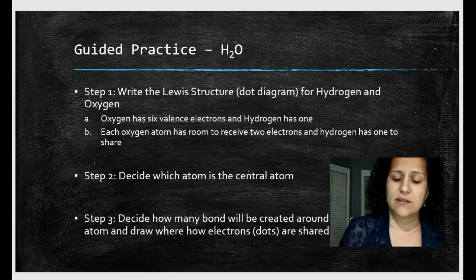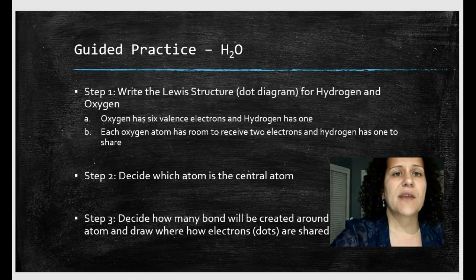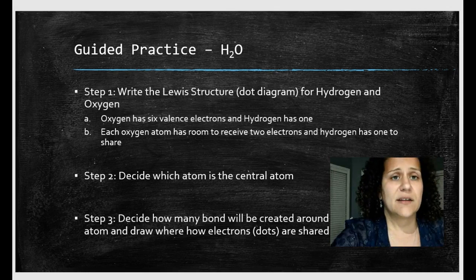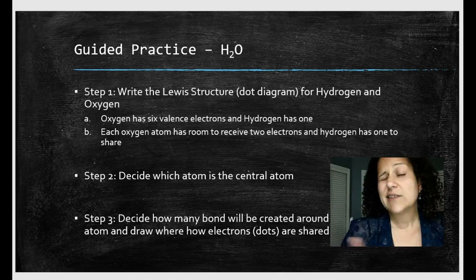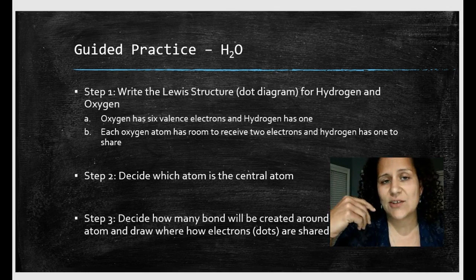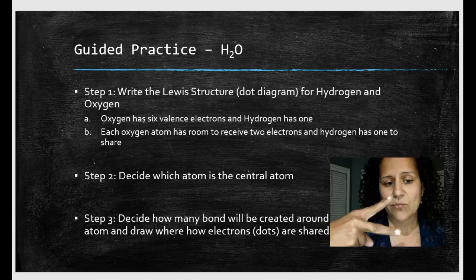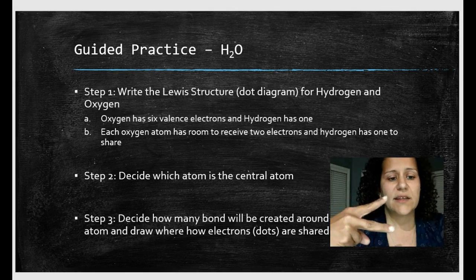So you're going to decide which one is the central atom. The central atom in this case is the one that's going to take the electrons, which is oxygen. And hydrogen is going to be bonded to oxygen. So how many bonds will be created? Like I said, oxygen is going to want to take 2. Hydrogen has 1 to give.